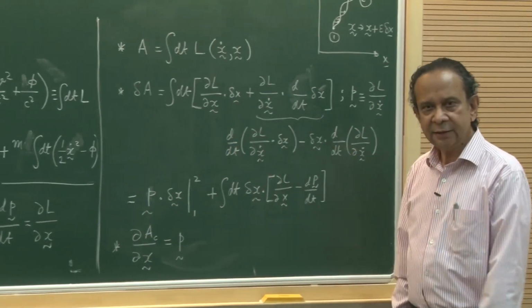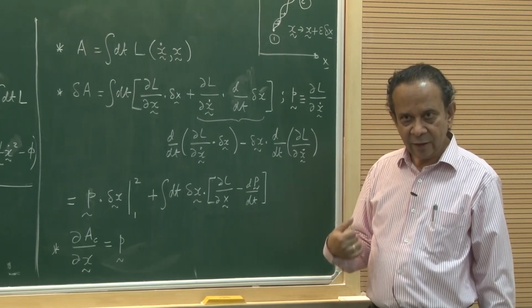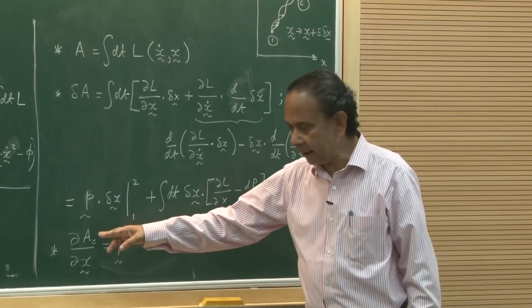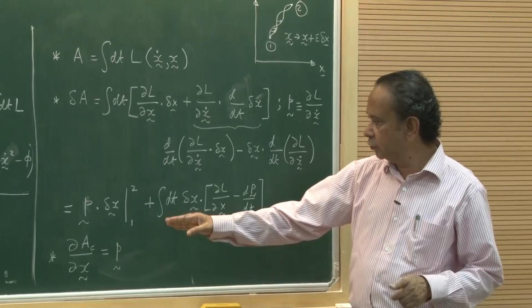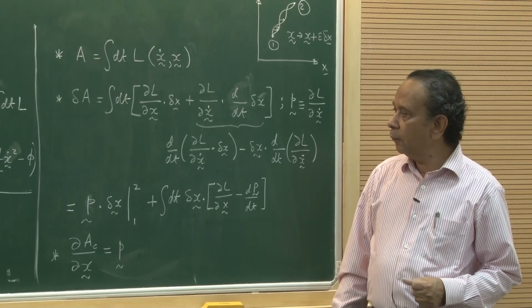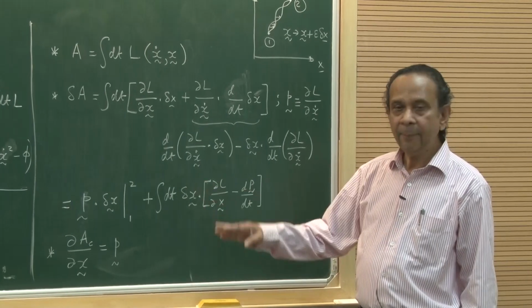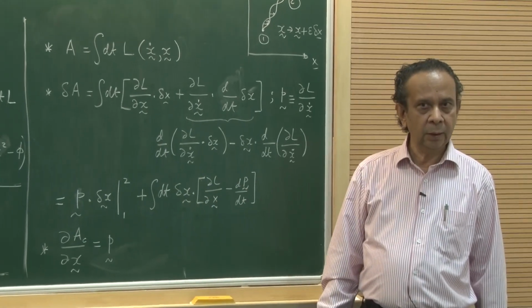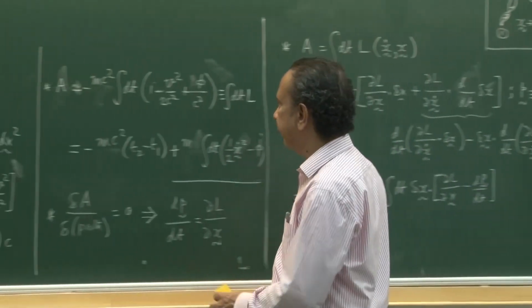So, the classical path is xc and the value of the action as evaluated for the classical path is the classical action, which is Ac, and that depends on the endpoints, and when you do this, this is what you will get. Okay. So, what about the time derivative? What is dA by dt? Okay. So, in order to do dA by dt, let me rub this out.